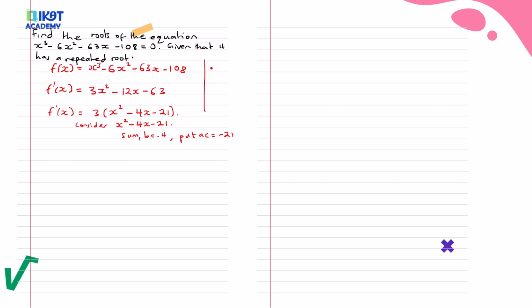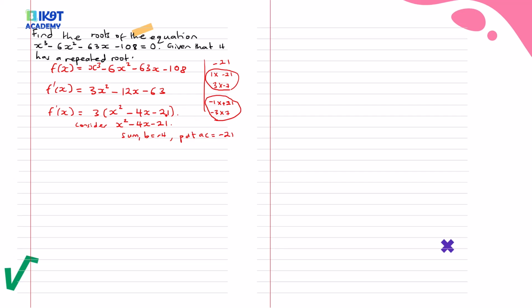So I can list the factors of negative 21: you have 1 times negative 21, then you have 3 times negative 7. But I told you always try to interchange the signs, so you also have negative 3 times 7. You look for something that when you multiply gives you negative 21, but when you add gives you negative 4.